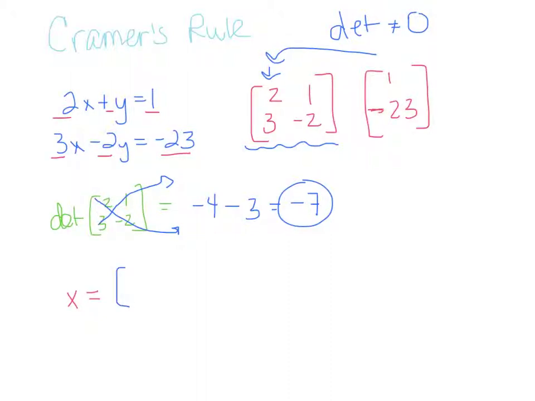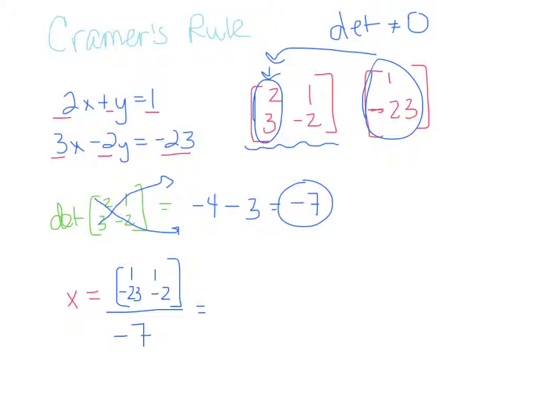That's going to look like negative 23, 1. No, hold on. I messed up. That's not what that looks like. That looks like 1, 1, negative 23, negative 2. Okay, so I just replaced this 2 and 3 with 1, negative 23. And we're going to divide this by the determinant, which was negative 7.